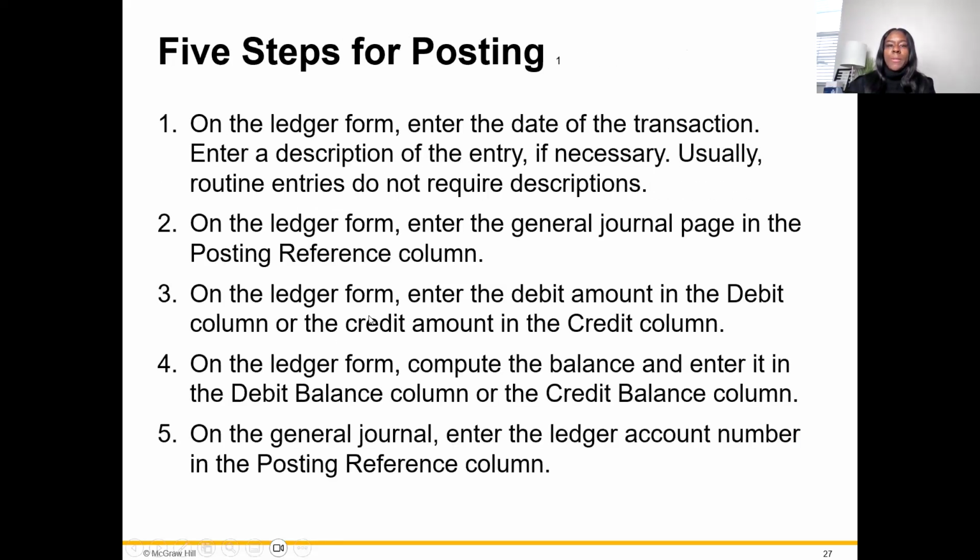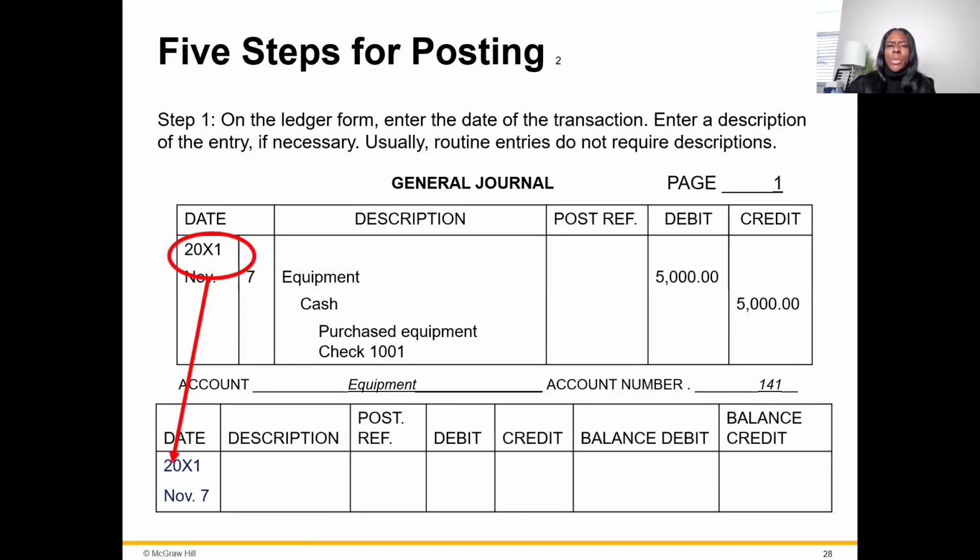So now we're posting. So we're going to enter the date of the transaction. So let's actually go here. So step one, here's our journal entry, equipment and cash. To post to the journal, we take the date, we put it here. So notice the account is equipment. Right here, this is the account for this general journal.